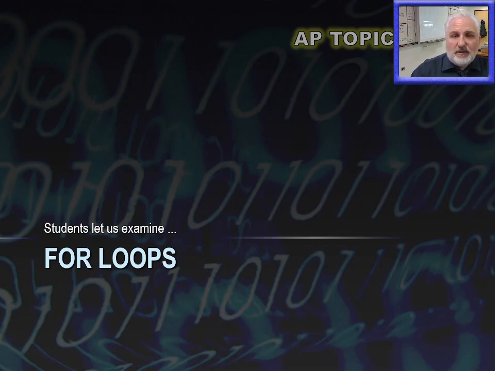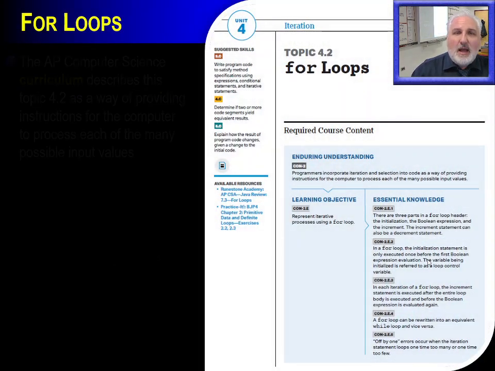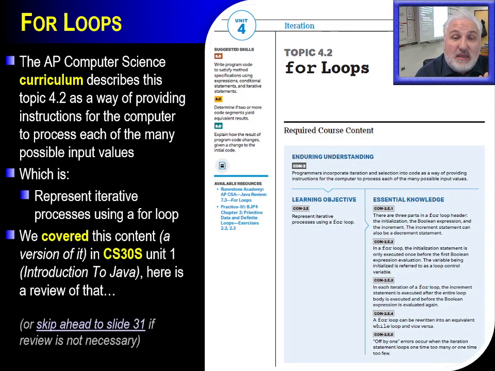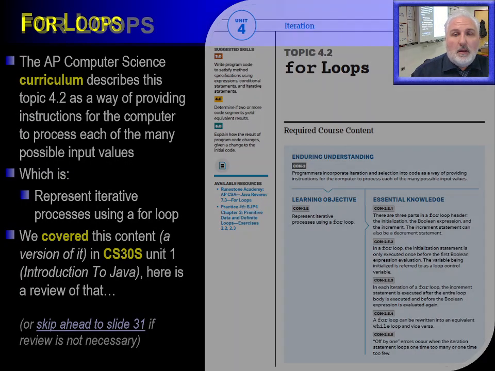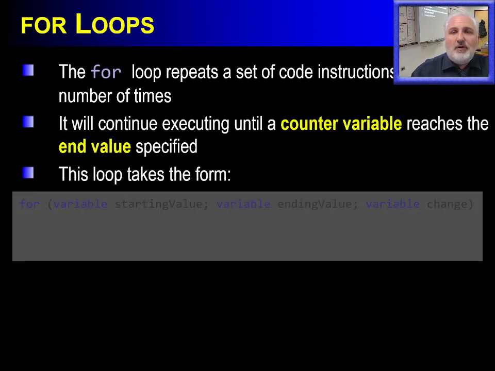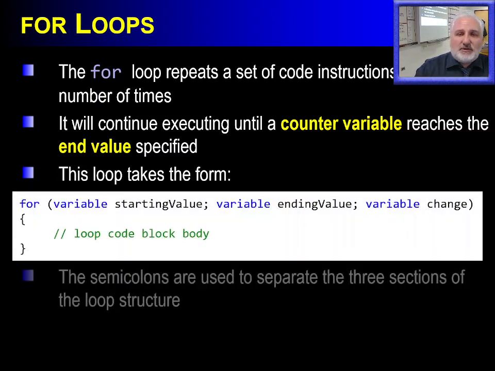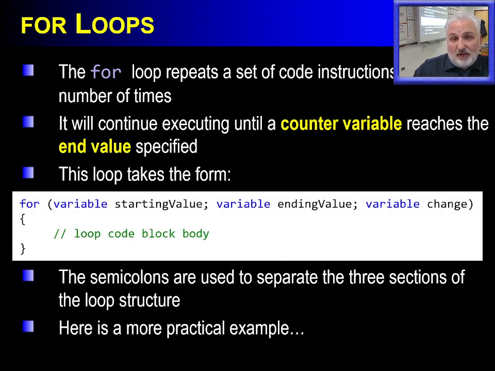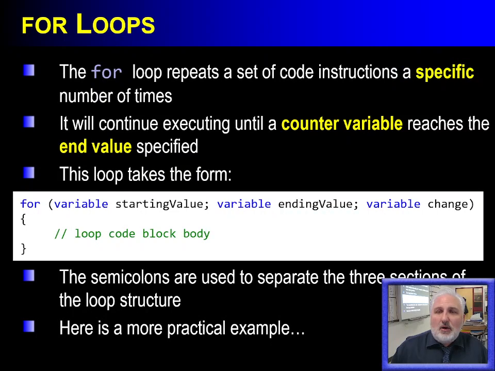Okay, so with the for loop, the way the AP curriculum defines it is representing iterative processes using a for loop. So what does that mean? Well, the for loop repeats a set of code instructions a specific number of times. It will continue to execute that code until a variable reaches a counting value.